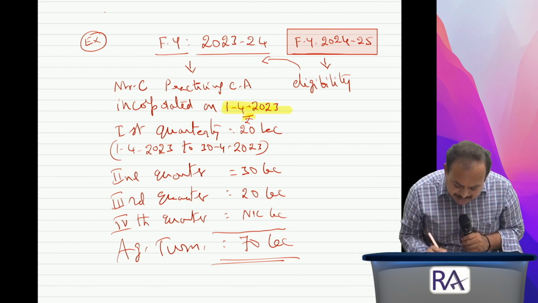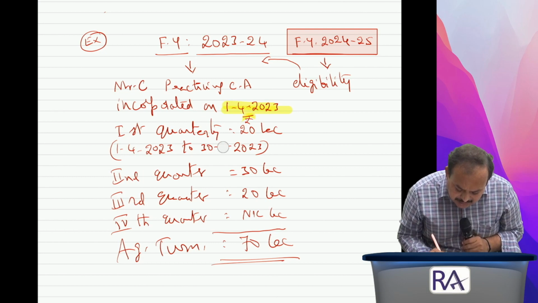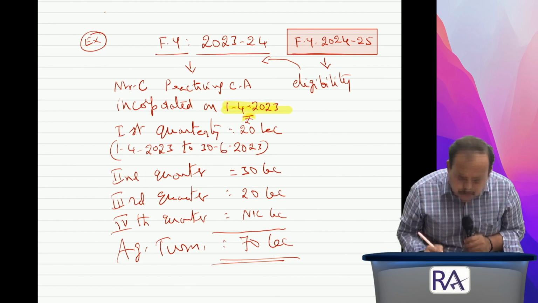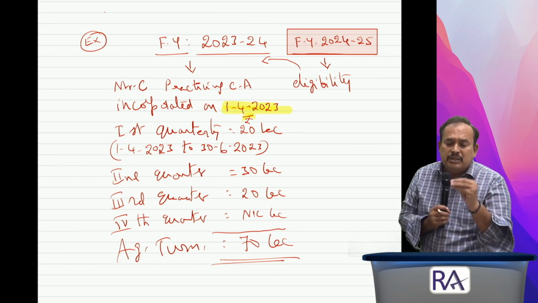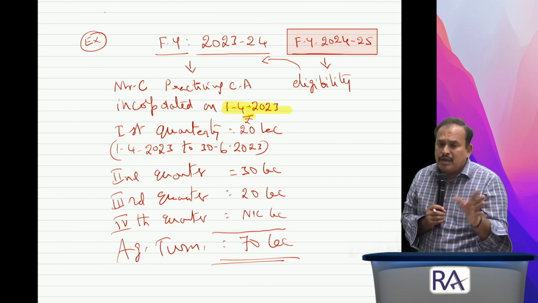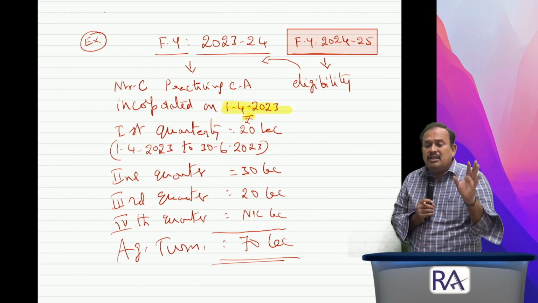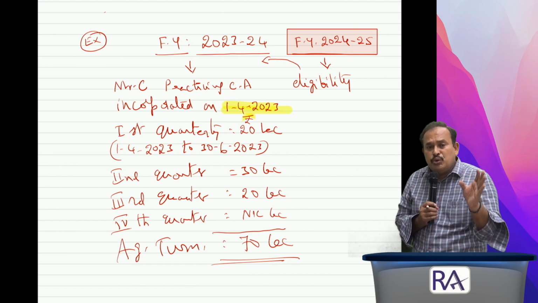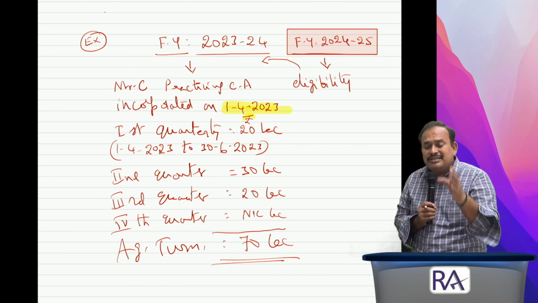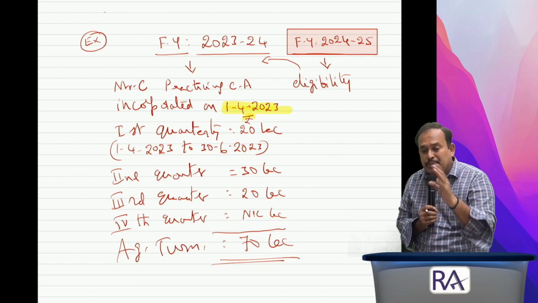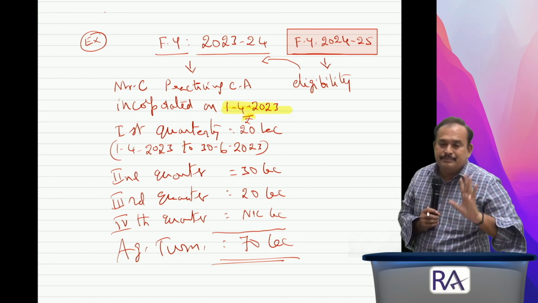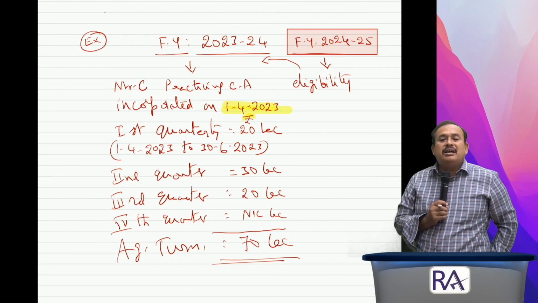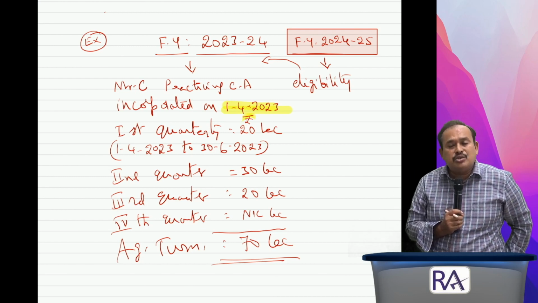April, May, June is 3 months, 1 quarter. So in the first quarter, 1st April 2023 to 30th June 2023, my total turnover is 20 lakhs only. Is that clear?